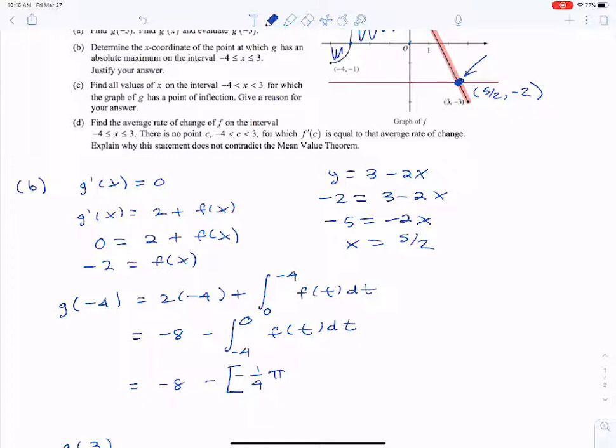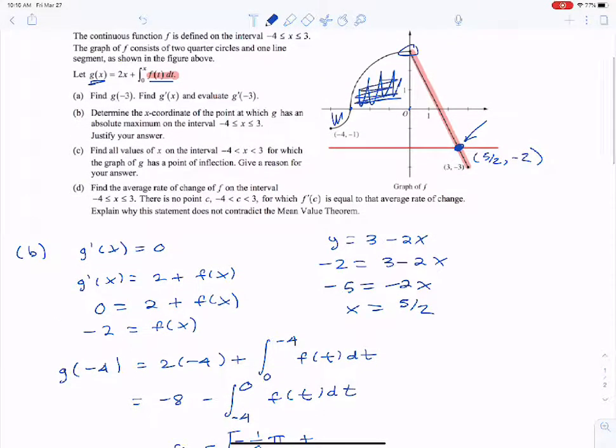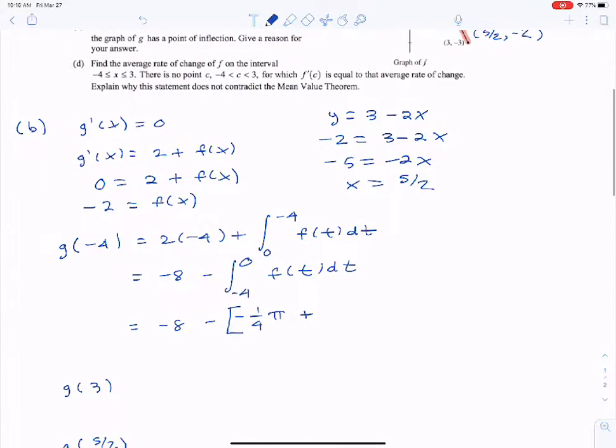And then to that, I'm going to add the area for this one. And we did this earlier. We already found it, and we said it was 9 pi over 4. So let's see. Sorry.